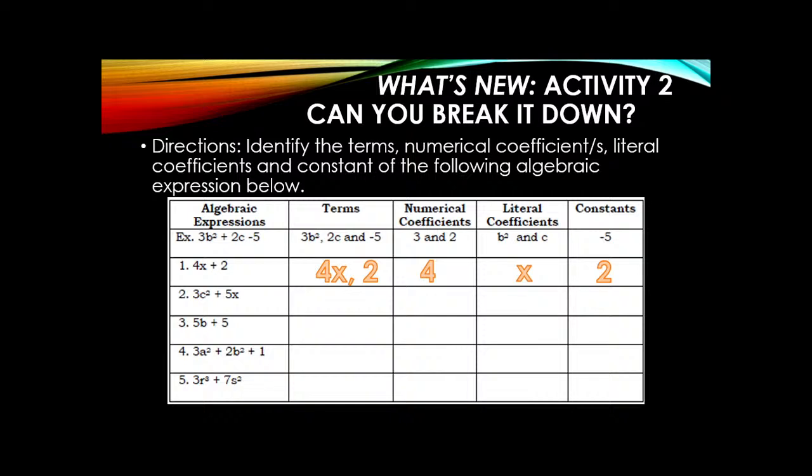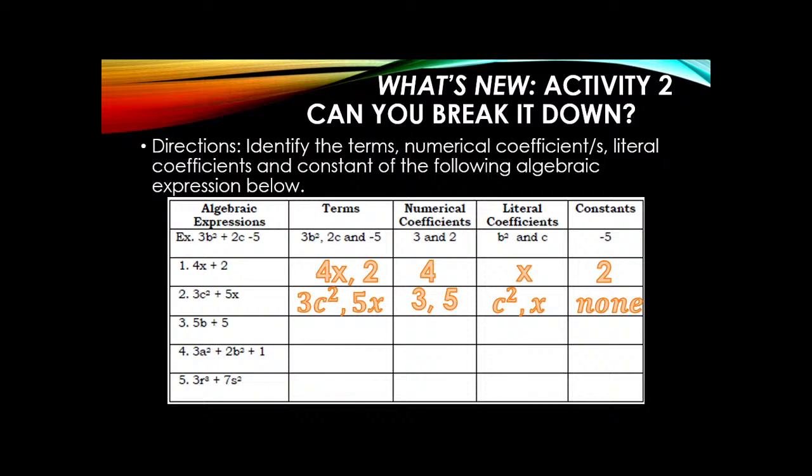Terms nato, 3c squared and 5x. Ang atong numerical, 3 and 5. Ang literal, c squared and x. Constant, naay constant? Wala. So, butangan nato ug wala.